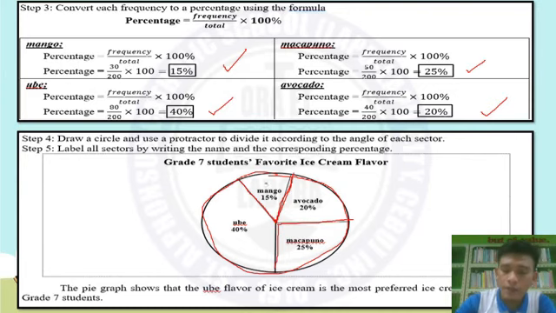That is mango, which is 15%, avocado 20%, makapuno 25%, ube 40%. As you can see in the pie graph, it shows that ube is the most preferred ice cream flavor of the grade 7 students.